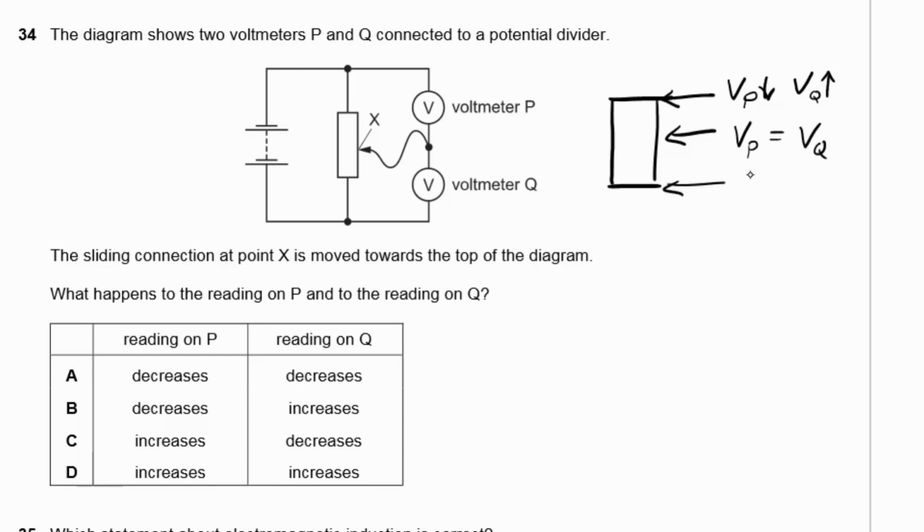And at the bottom, the voltage reading at P is going to be large, and the voltage reading at Q is going to be small. So we're moving from the center upwards, so the voltage reading on P is going to decrease, so it's one of the top two, and the voltage reading on Q is going to increase, which gives us option B. It's the only possible one.